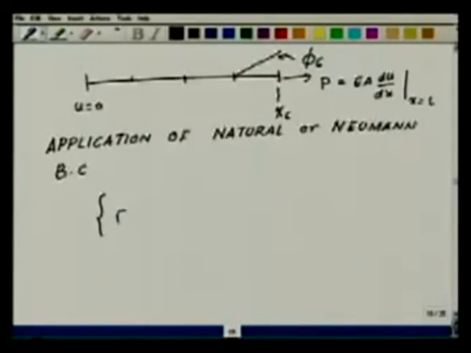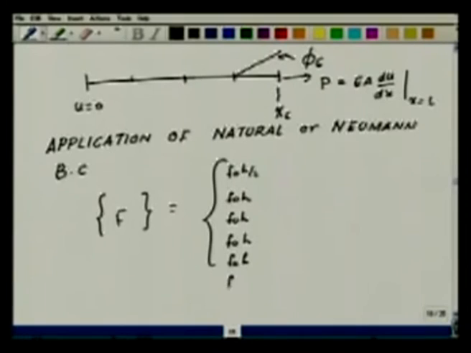Here we are going to modify f to be, so f0h by 2, f0h, f0h, f0h, f0h, and the last one f0h by 2 plus I will add p.